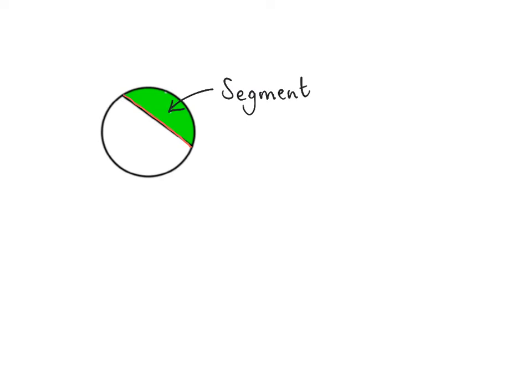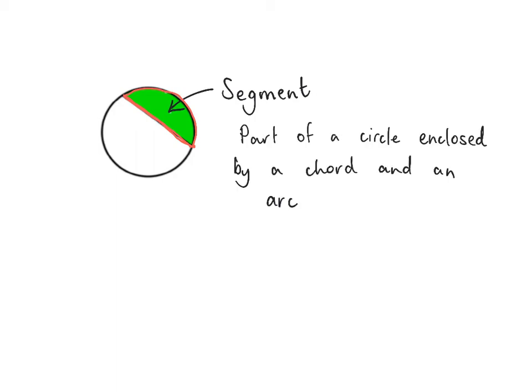A segment is an enclosed area made by a chord and an arc. It's the area enclosed by a chord and an arc. Remember, enclosed just means those lines join up and they make a shape. Pause the video and write the definition down now.